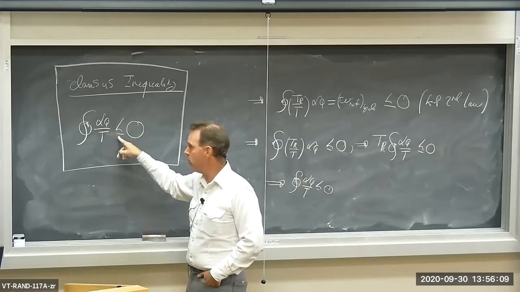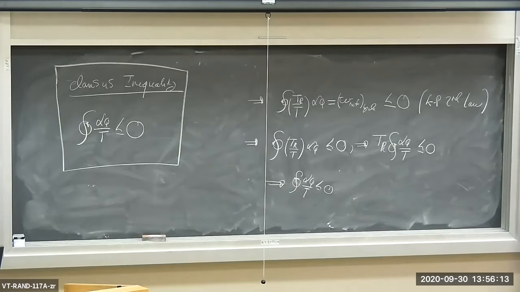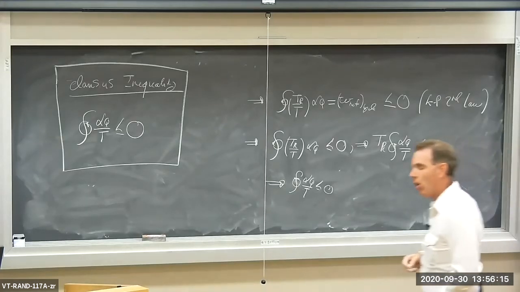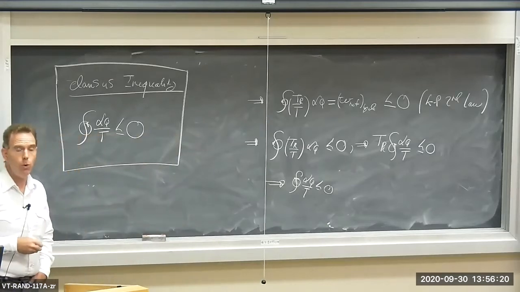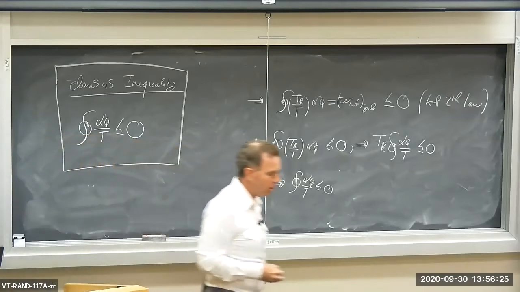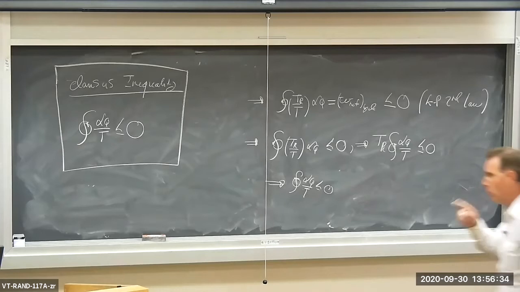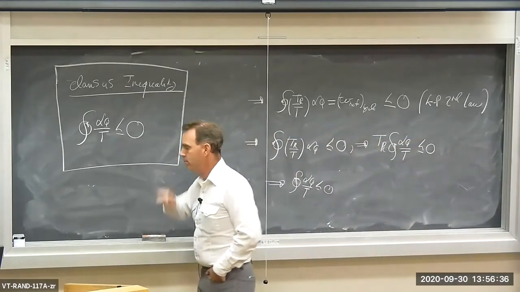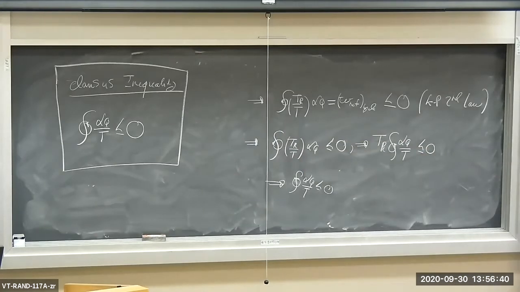In the next lecture, we will get rid of this inequality and we'll instead be looking at a conservation equation with an equality in it, an equal sign, involving a new property called entropy. So this Clausius inequality paves the way for the hypothesis and existence of a new property called entropy. So don't despair with the inequality there. We're going to get rid of that in the next lecture.